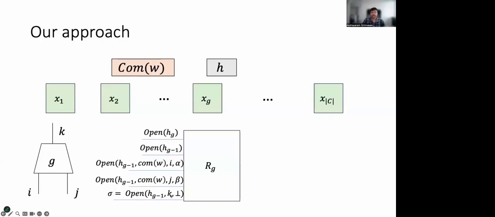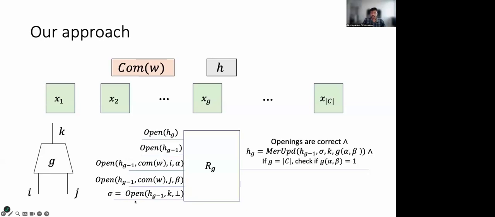Note that the kth wire has to be unset at this point. So the opening should be to the unset value denoted by bot. So this takes in all these things as the witness. It checks whether all the openings are correct. And it checks whether Hg is obtained from Hg minus 1 by setting the kth wire value to be equal to g of alpha comma beta.